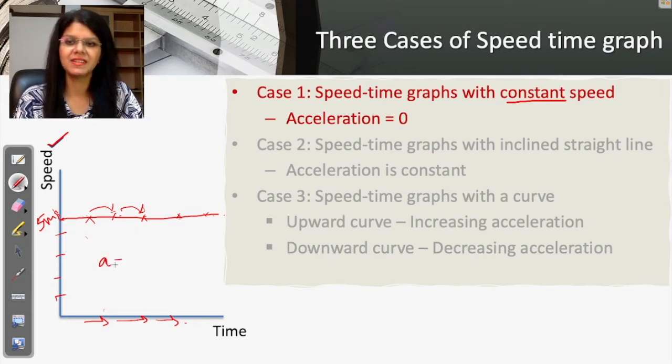Acceleration is 0. We can work it out and check it as well. Let us calculate the gradient here.